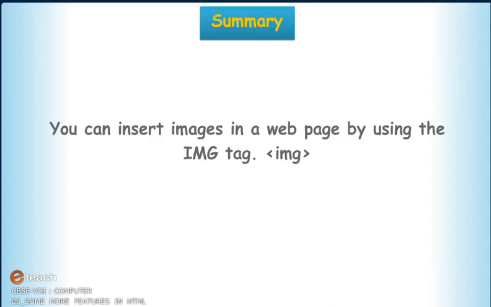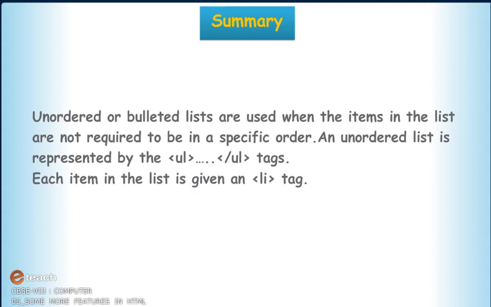Summary. You can insert an image in the web page by using the IMG tag. Unordered or bulleted lists are used when the items in the list are not required to be in a specific order.